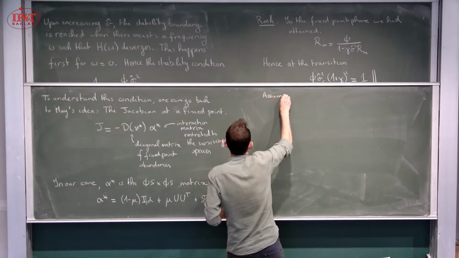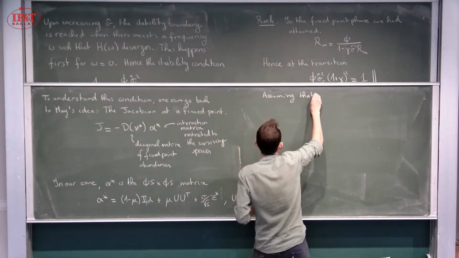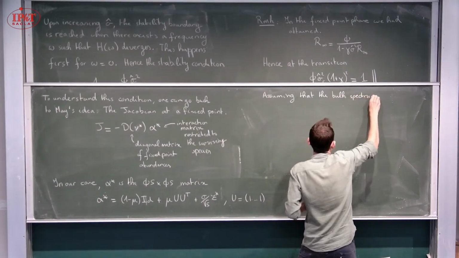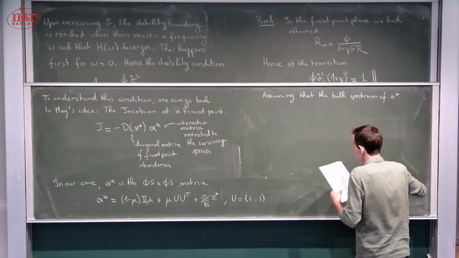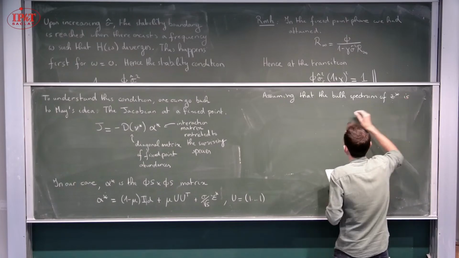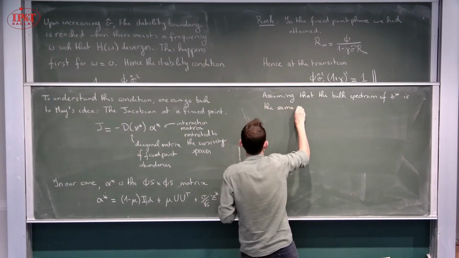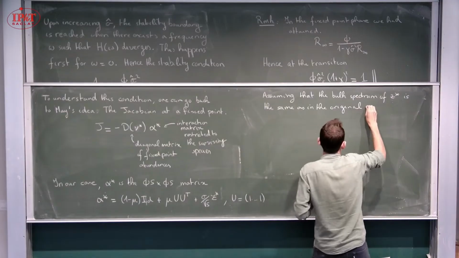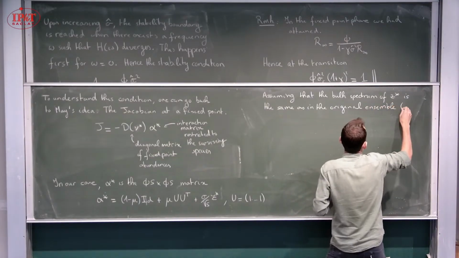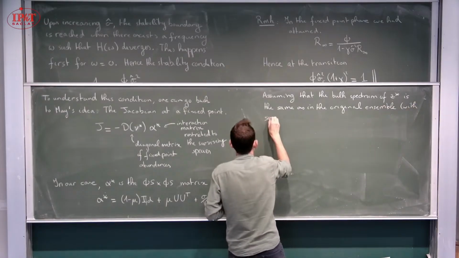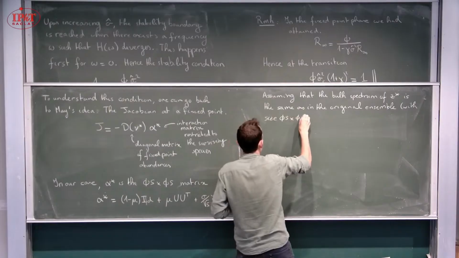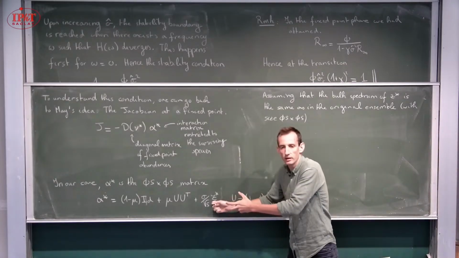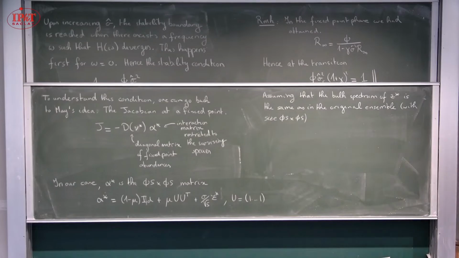And so what I'm going to say is that I'm going to assume that the bulk spectrum of z star is the same as in the original ensemble, now with size phi S times phi S. The meaning of this assumption is that when I construct the matrix z star, I'm not taking a random restriction of the original matrix.